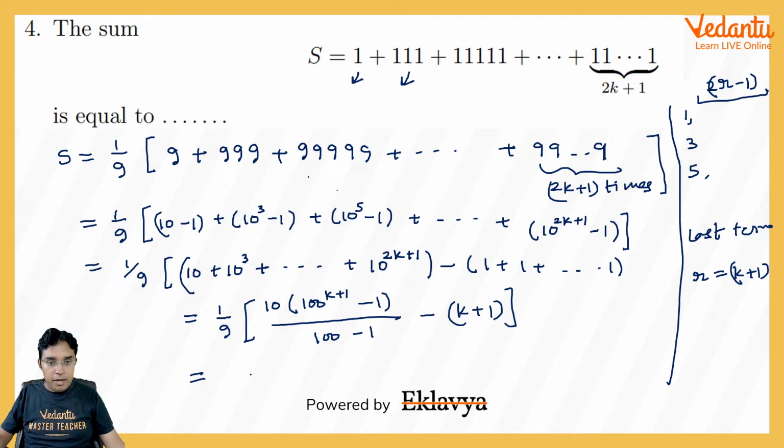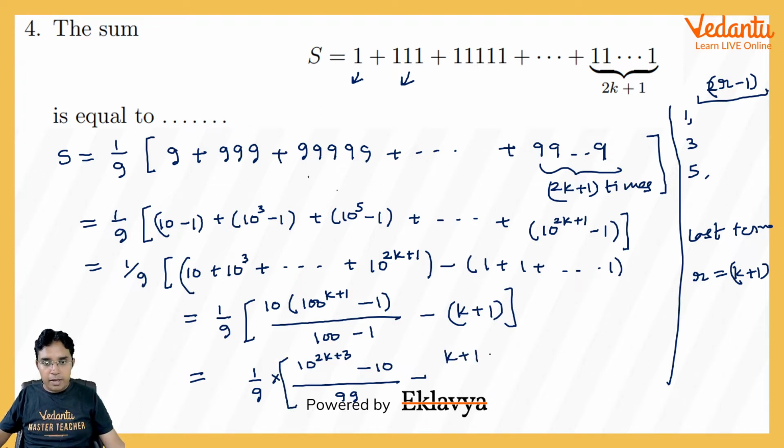So here it will be 1 upon 9 into, I can write this as 10 raised to the power 2k plus 3, because this 100 is 10 power 2, so 2k plus 2 plus 1, so 2k plus 3, and minus 10 upon 99, and minus k plus 1, or let me write 1 by 9 outside only, so like this.